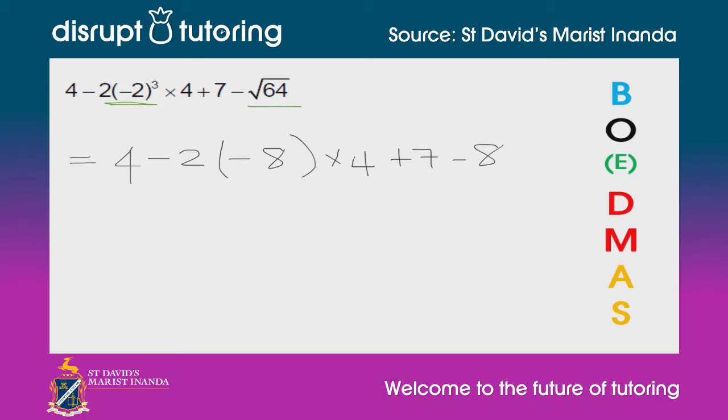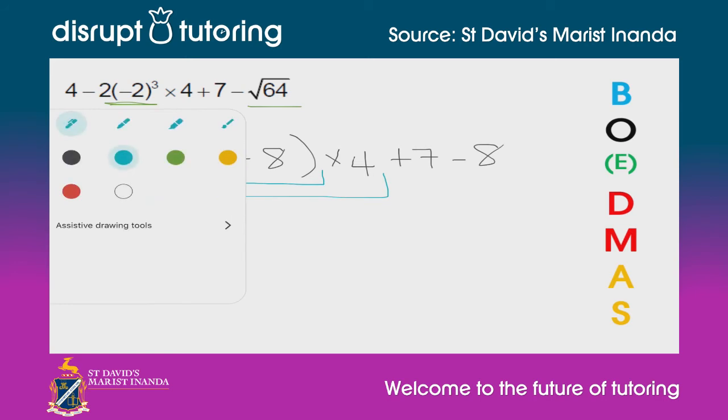Now let's move on to D, division. There isn't any division, so we can move on to multiplication. And there's a few multiplication steps that we need to take. There is a -2 times -8, and that's going to be further multiplied by that times 4, and those are the only multiplication steps that we need to worry about.